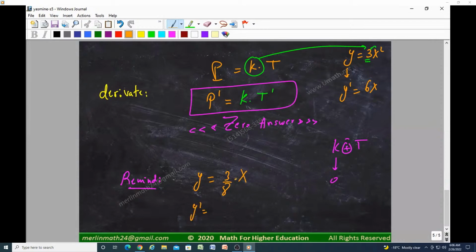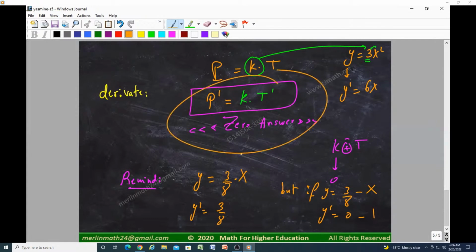No, because it's under times 3 over 8. But if y equals 3 over 8 minus x, the derivative of this would be a 0 minus 1, yes. Okay? I'm just saying because you missed a session or two. So it seems that you forgot all those. Anyhow, so why is this a zero answer? Because we said there's time involved.